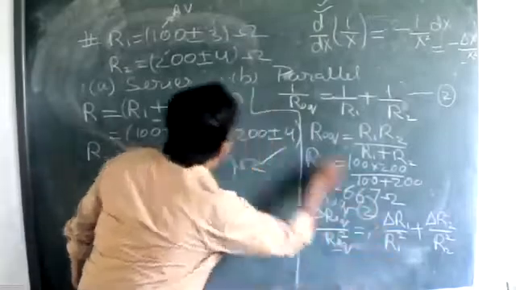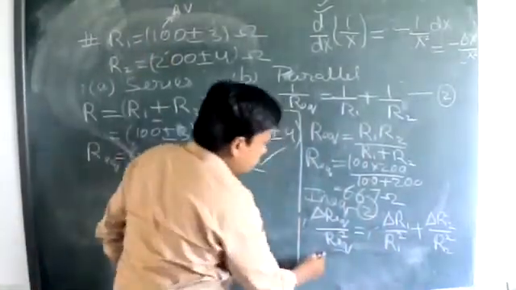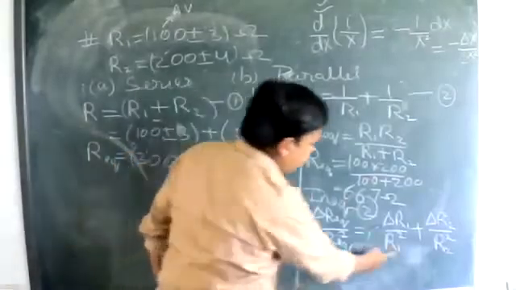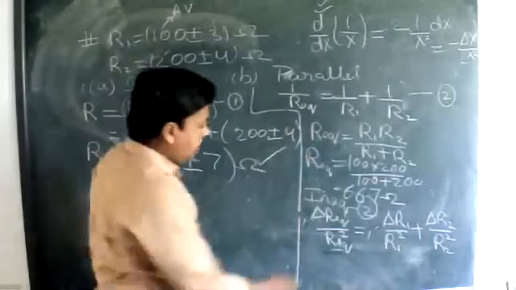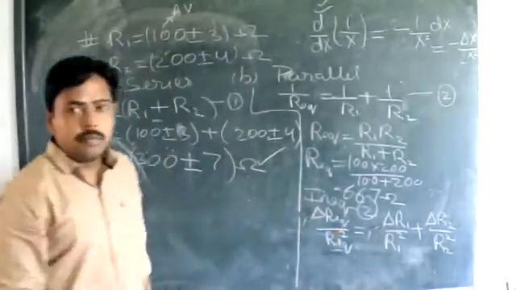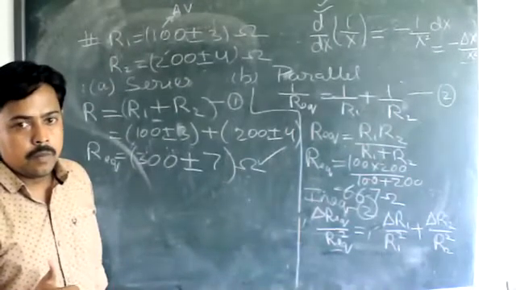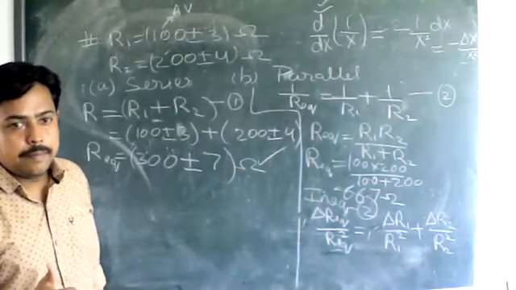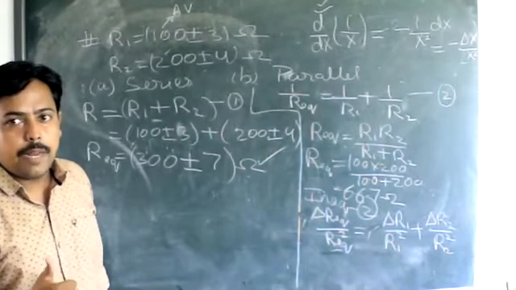Similarly, we have the actual value of r1. So if we put the actual value of r equivalent, the actual values of all the terms, and the errors of all the individual terms, what can we get? We can get this term. Can we get it or not? Hurry up, reply fast.